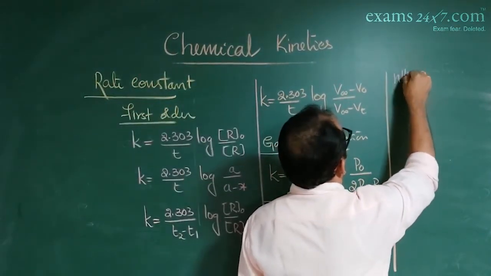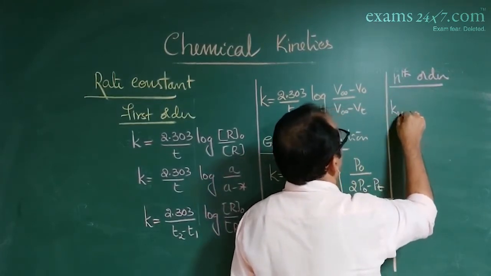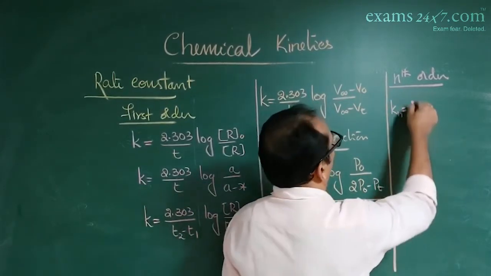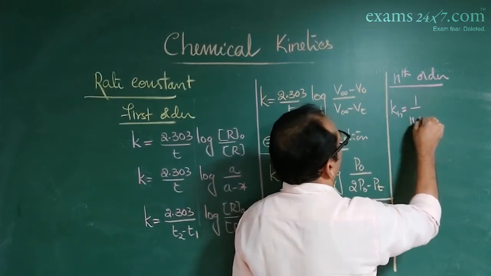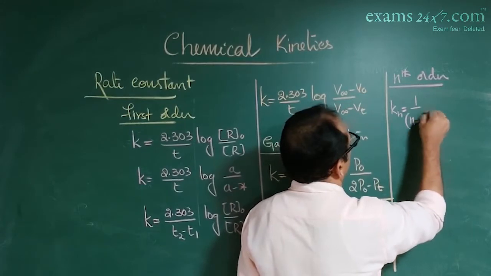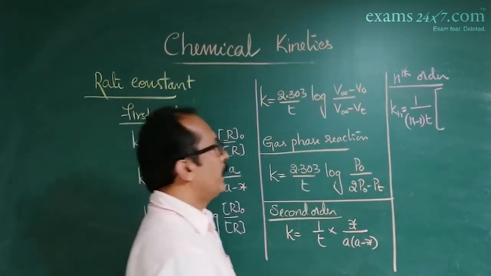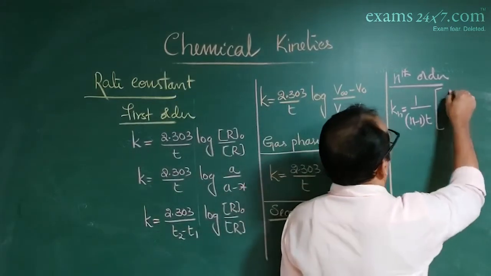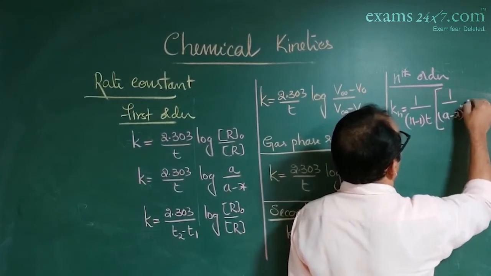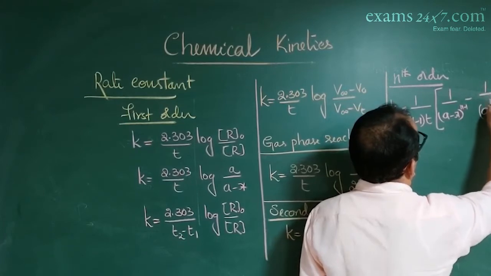For nth order of a reaction, Kn is equal to 1 by n minus 1 into t, into 1 by a minus x to the power n minus 1, minus 1 by a to the power n minus 1.